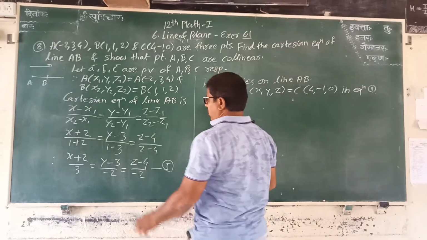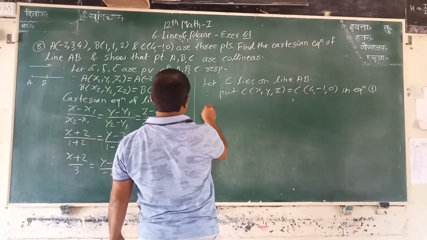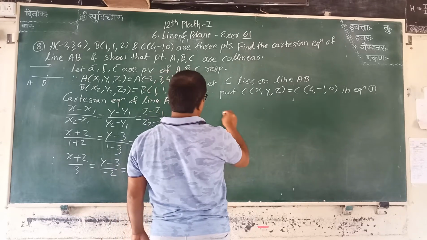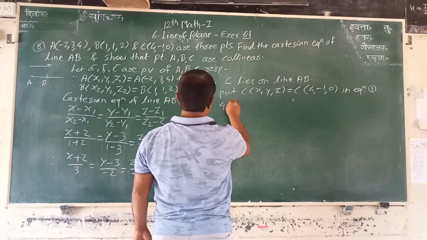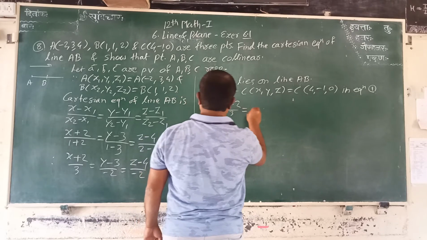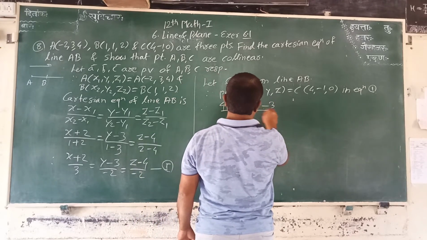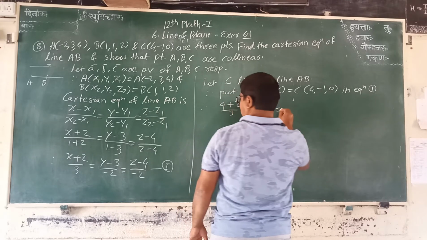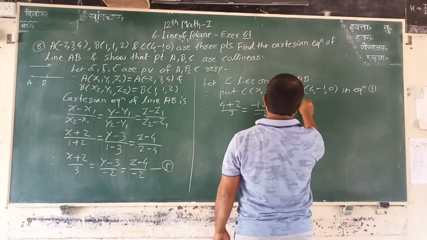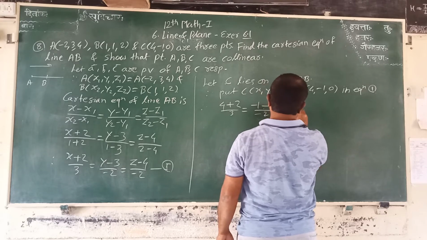We get the ratio is the same, therefore we put the values: (4 plus 2) upon 3 is equal to (-1 minus 3) upon minus 2 is equal to (0 minus 4) upon minus 2.